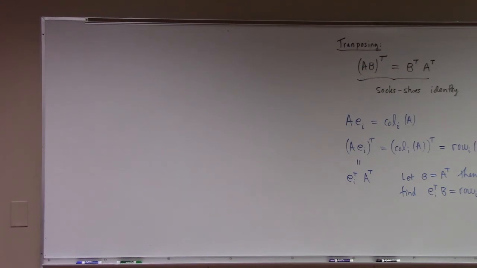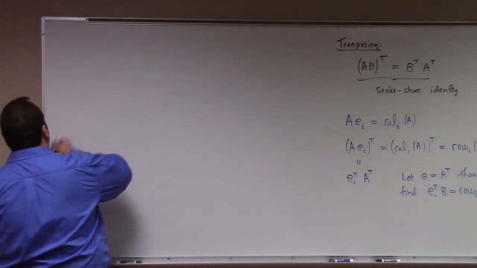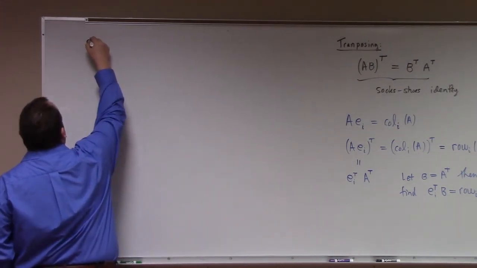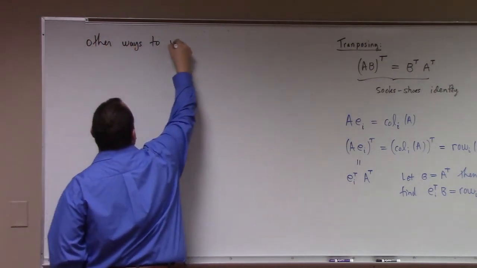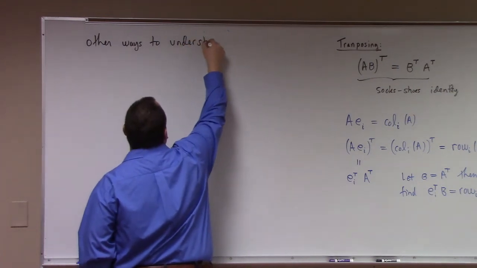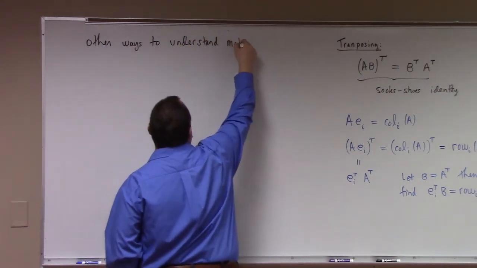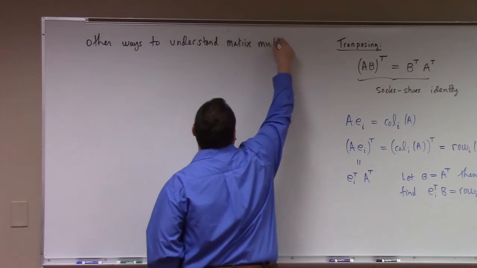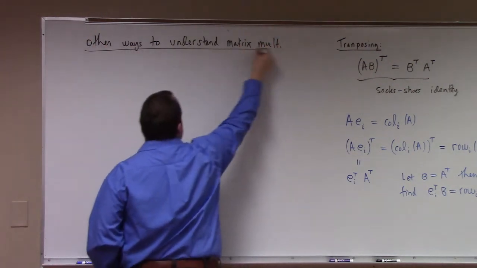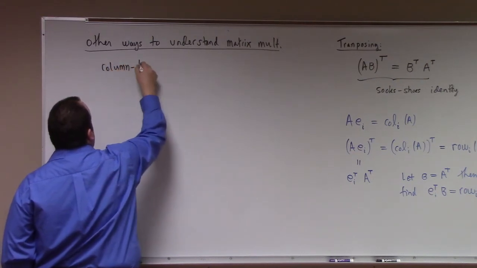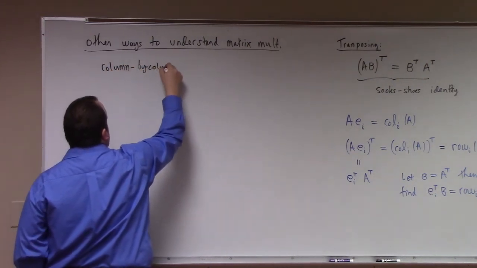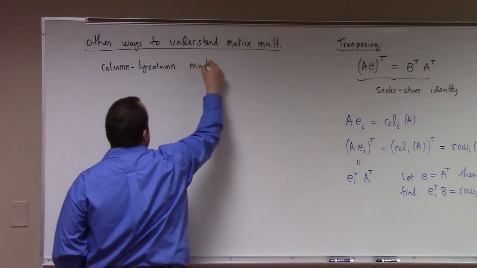There are more things we can say about matrix multiplication. One of the most important things I can tell you about matrix multiplication is that there are other ways to understand it. In particular, this is the column by column rule. Column by column multiplication.